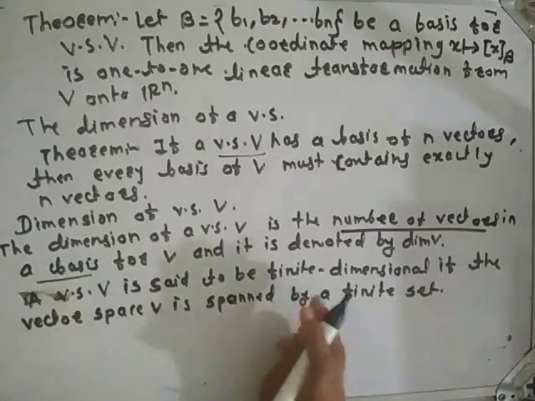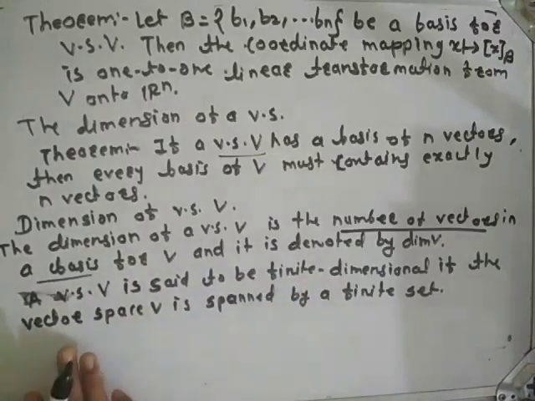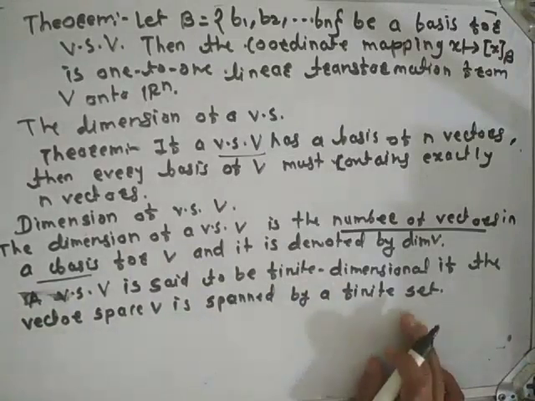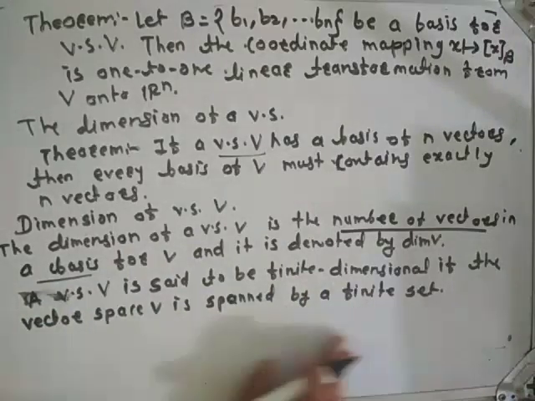A vector space is said to be finite dimensional if V is spanned by a finite set.